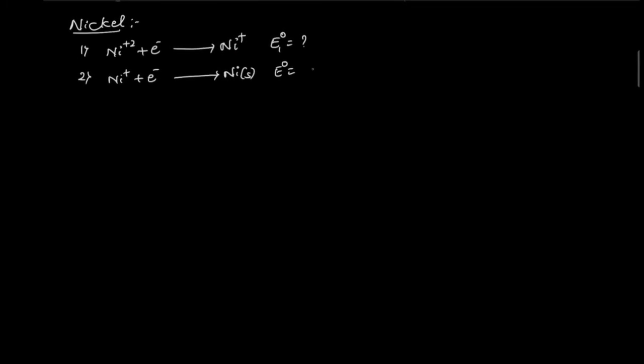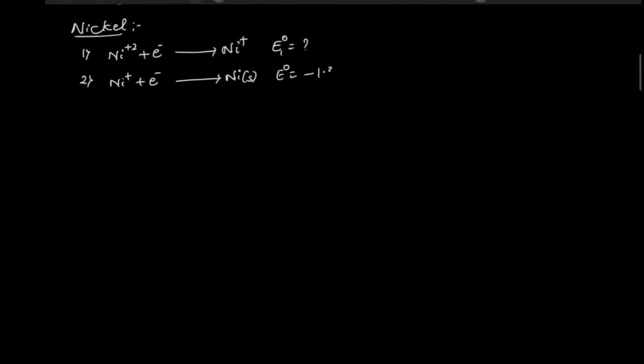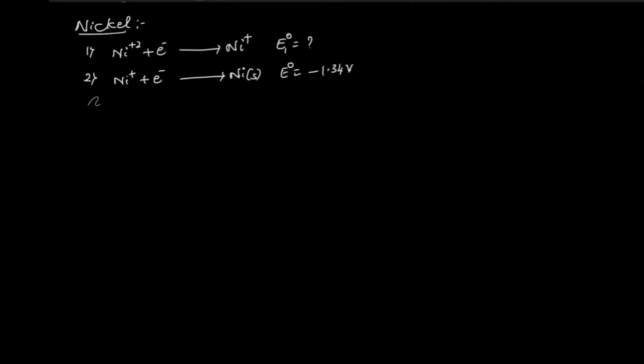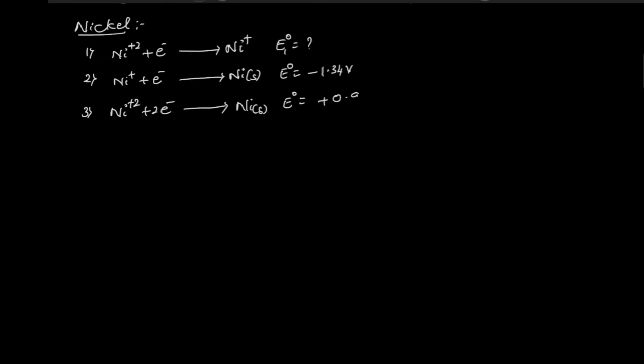For this step, the E naught value is equal to minus 1.34 volt. And one more reaction: nickel +2 can accept 2 electrons and get converted into nickel 0, that is solid state. For this we have E naught value plus 0.98 volt.